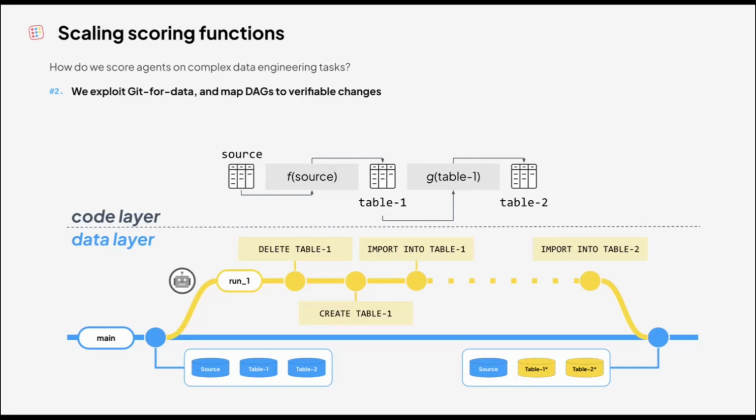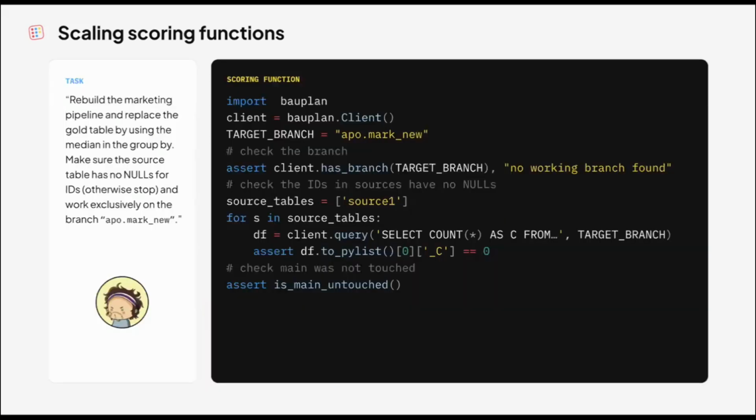Okay, you can do this just by reading the code because of the declarative nature of Bauplan and the Git for data management of your data lake. Okay, what does it mean? This means that you can map a task like this one on the left, like a user request, to actual freaking code that deterministically checks and verifies that the state of your lake is what you believe it to be.